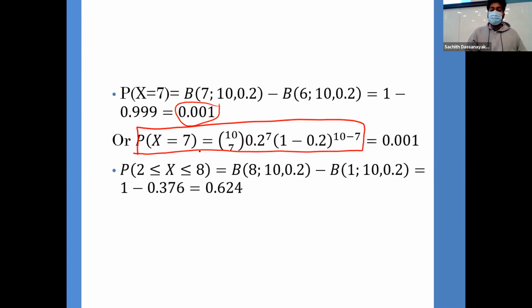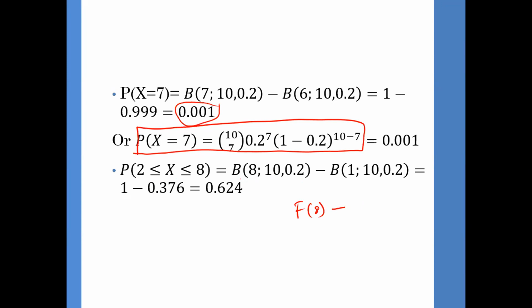If we need to find the probability for x greater than or equal to 2 and less than or equal to 8, what do you have to do? F8, that's the maximum, including x equal to 8, minus, subtract what? F2, capital F2?